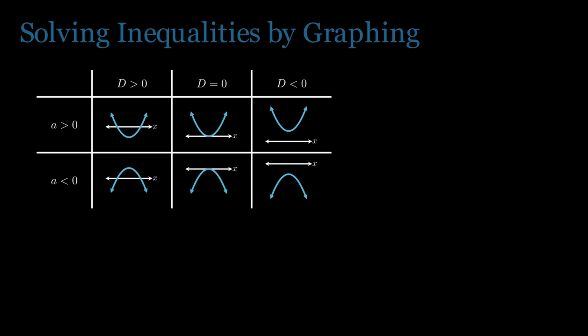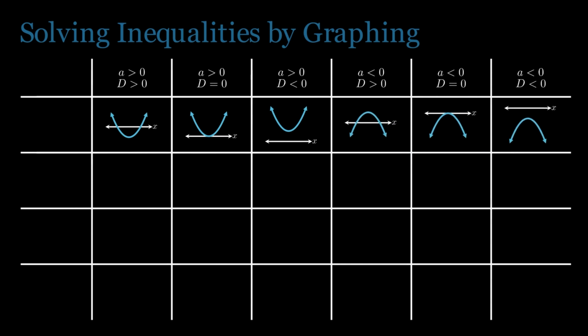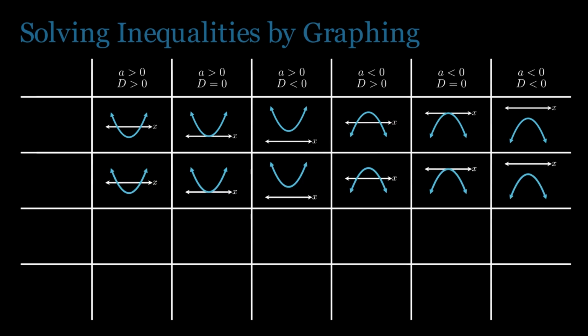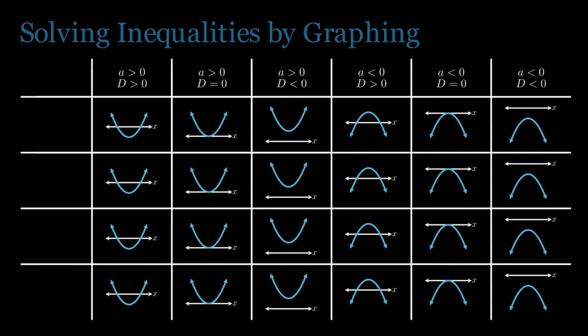For all of those 6 alignments, we need to consider 4 different types of inequalities to identify their corresponding solution sets. So let's rearrange our table and copy the 6 alignments for all different types of inequalities.